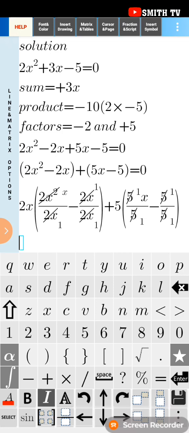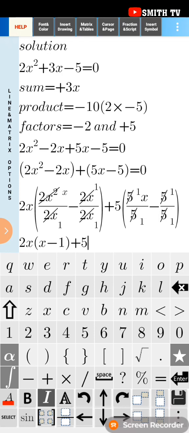So my 2x, the common factor outside, I'll write it out. Open brackets. Now for this first bracket, what I have left is just x over 1. So instead of writing x over 1, I just write x minus, I have 1 over 1, which is still 1. So I'll just take 1, close the bracket.